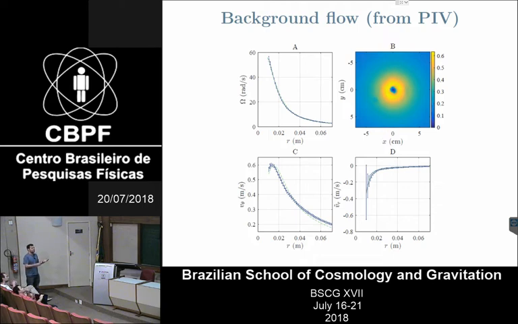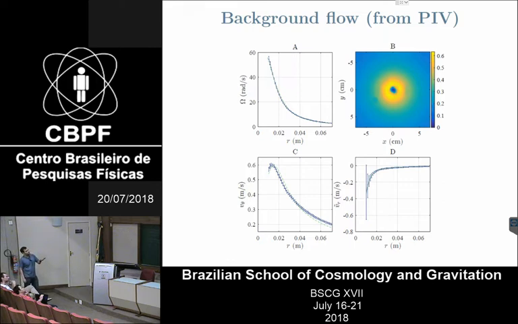Maybe it's because of an analog event horizon, maybe it's not. We're not sure, but maybe it's a combination of both. One of our next ideas is to improve this and make sure what kind of mechanism we have here to produce superradiance.